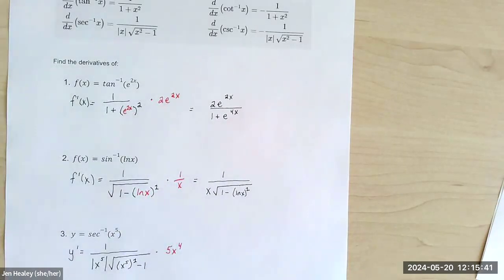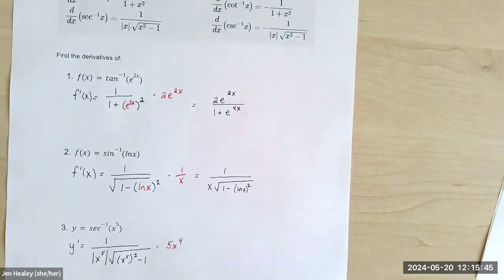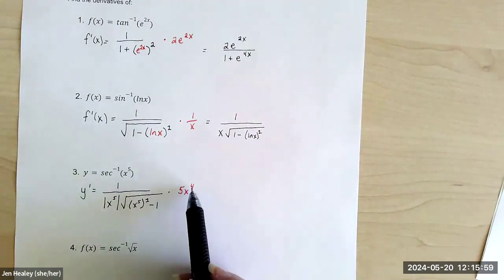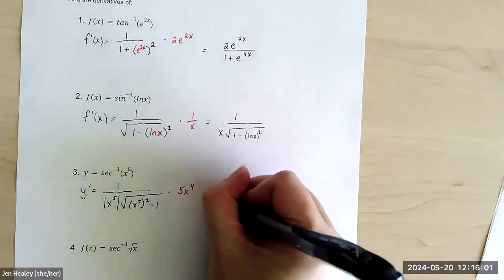And then chain rule, we got to multiply by 5x to the 4th power. So totally fine to leave it like that. If we wanted to simplify it any, then you could go ahead and bring this and set it on top.